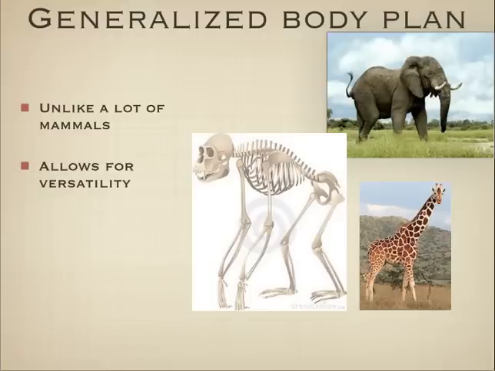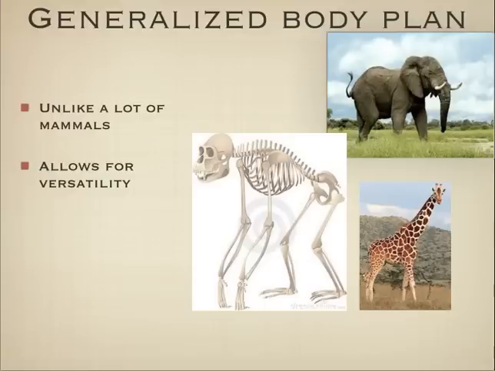Let's look at generalized body plan. So most mammals have a specific type of body structure, specific type of morphology that allows them to thrive in specific environments. Now, primates are a little bit different. We have more versatility. Some primates are niched for a specific environment, but they can also survive and thrive in a changed environment.